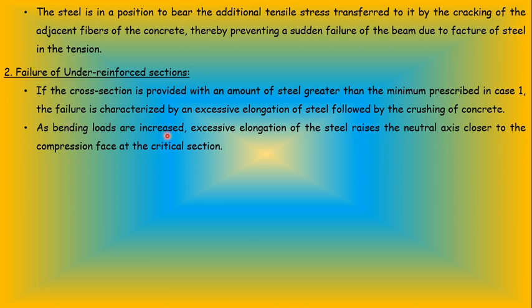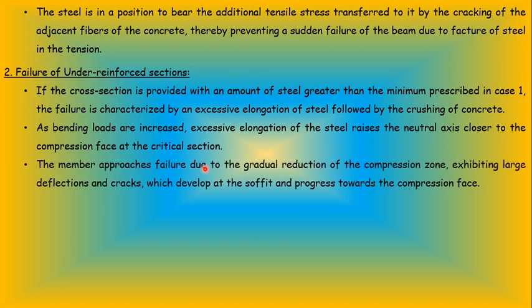As bending loads are increased, excessive elongation of steel raises the neutral axis closer to the compression face at the critical section. The member approaches failure due to the gradual reduction of the compression zone, exhibiting large deflections and cracks which develop at the soffit and progress towards the compression face.